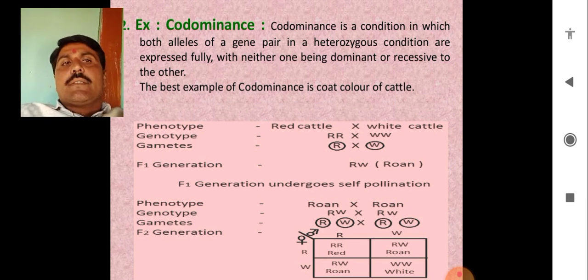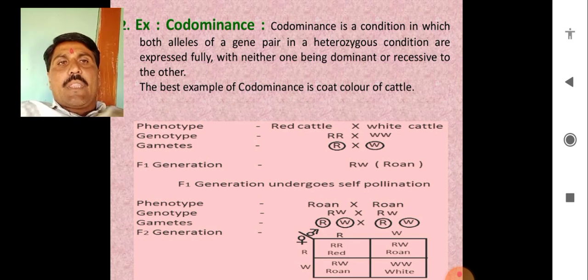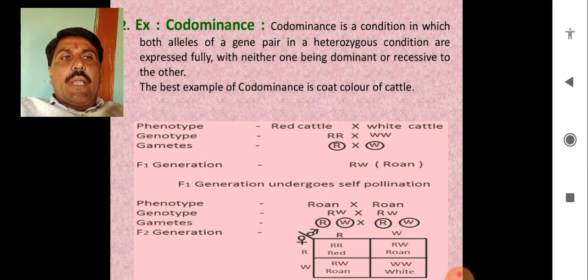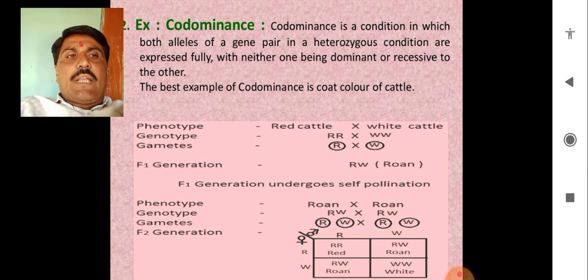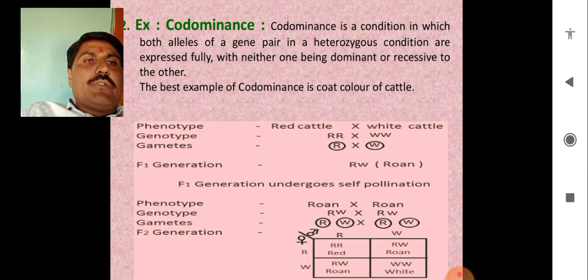But what? The F1 generation undergoes self-pollination, means roan into roan. Phenotype roan into roan, genotype RW and RW.